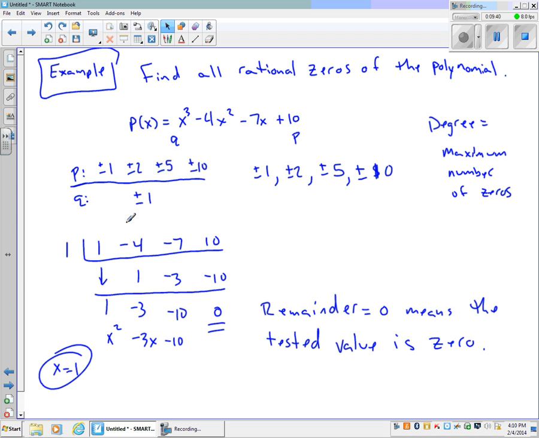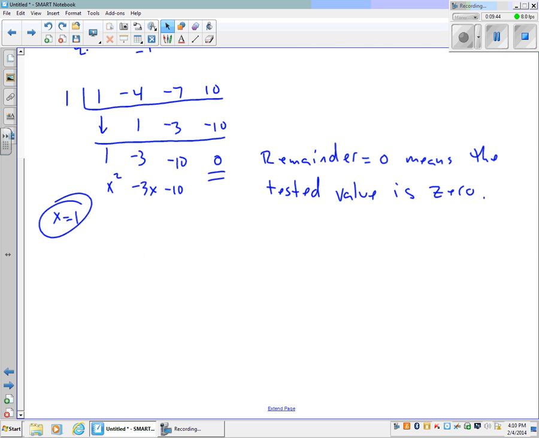Since it's a quadratic, we are going to try to factor it, or you can use the quadratic formula, or the program Quad 3 on your graphing calculator. If you factor this, you will get x minus 5 times x plus 2 equal to 0.